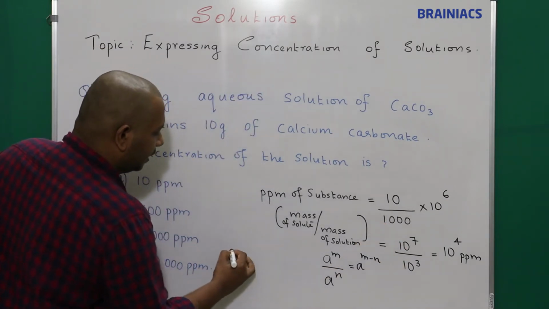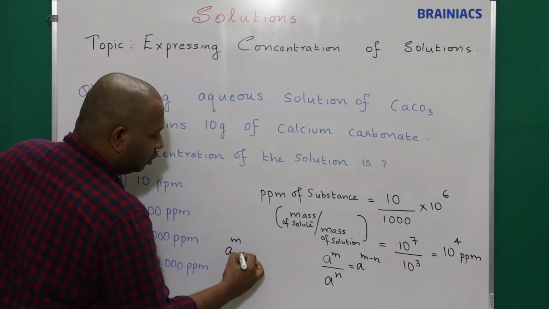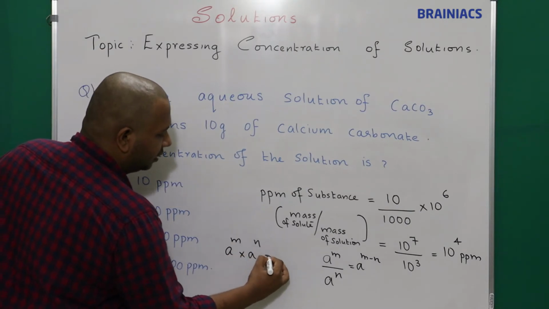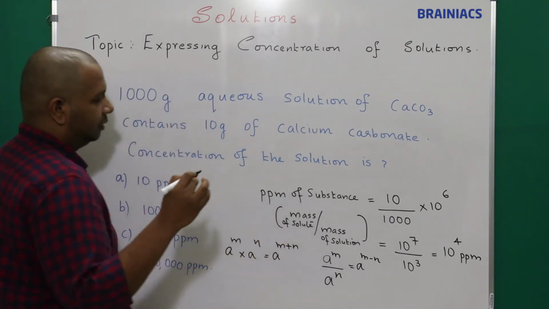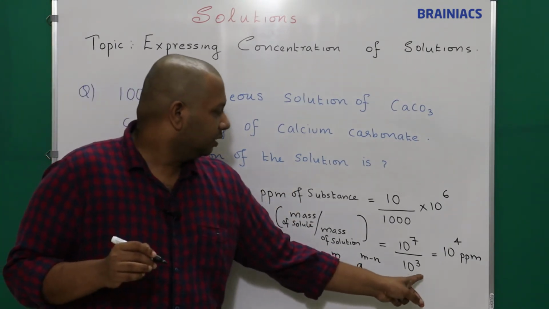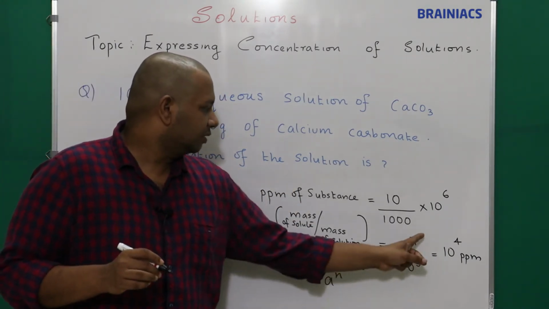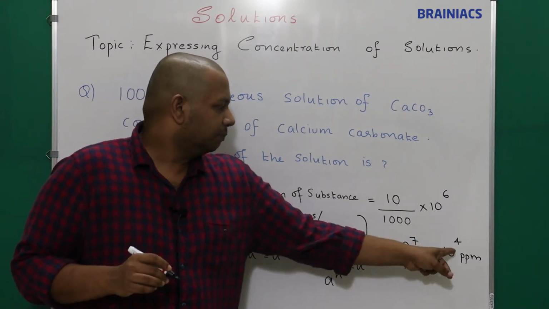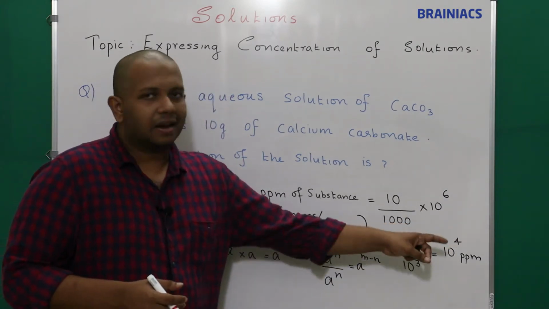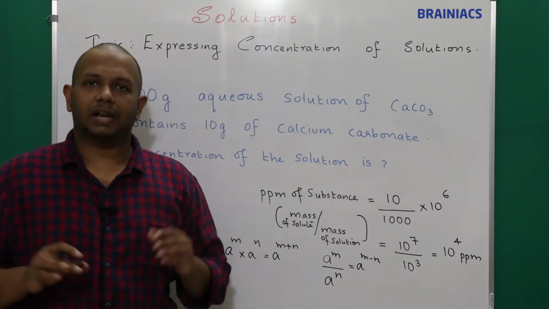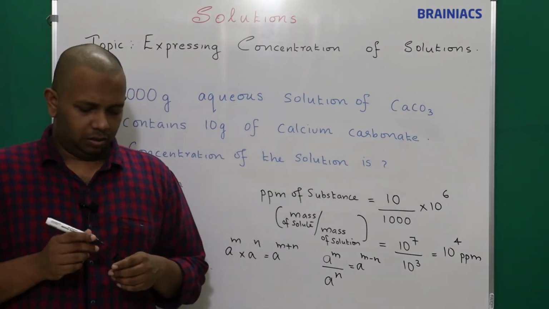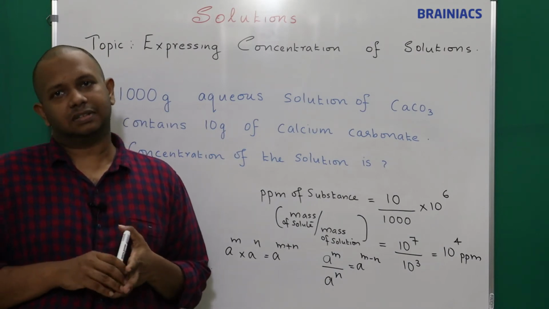Similarly a power m into a power n is nothing but a power m plus n. Similar formula I am using. So 7 minus 3, that is 10 power 4. Or even you can cancel it and get the answer. I hope you understood. This is the way you can expect questions. So next we will discuss the next concept.